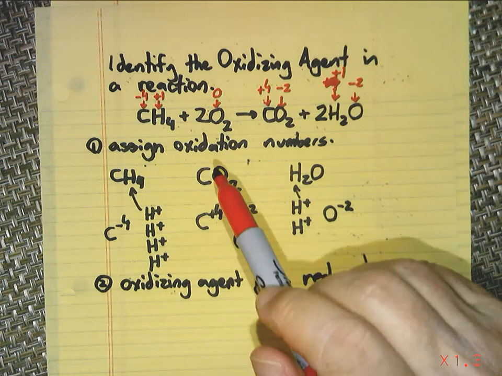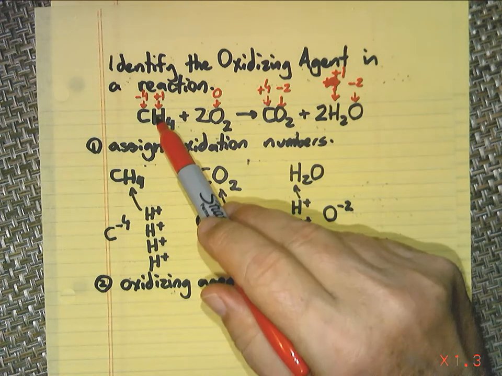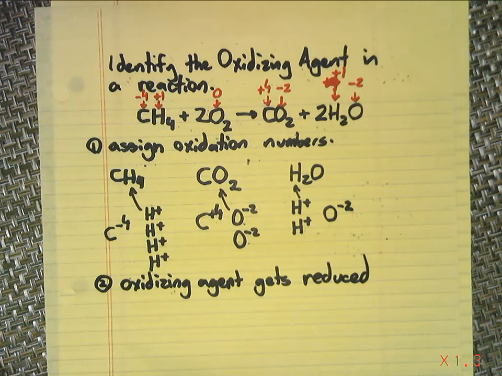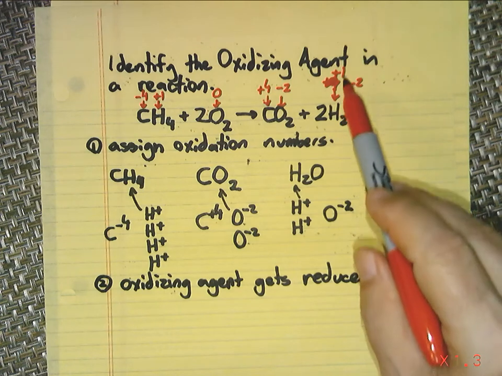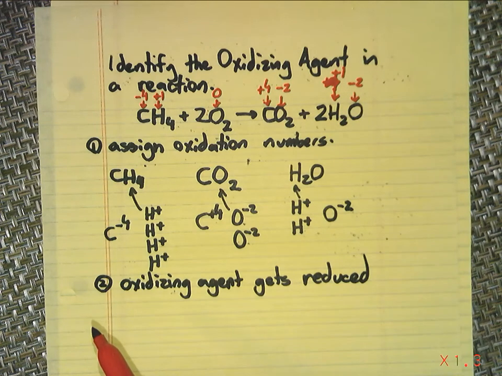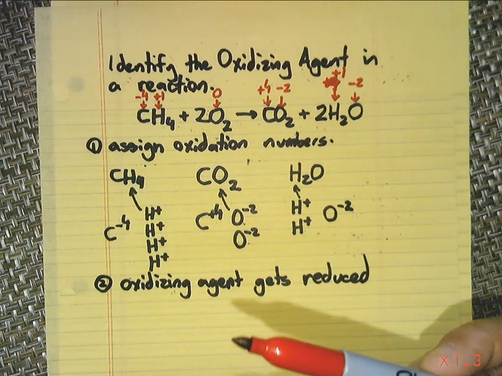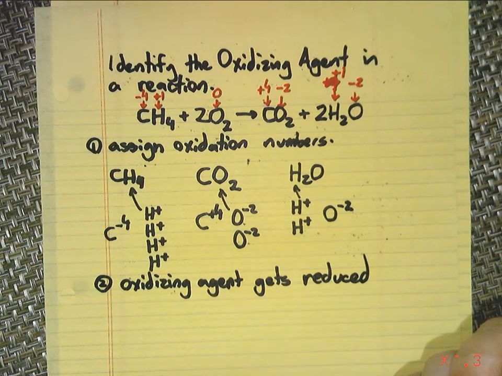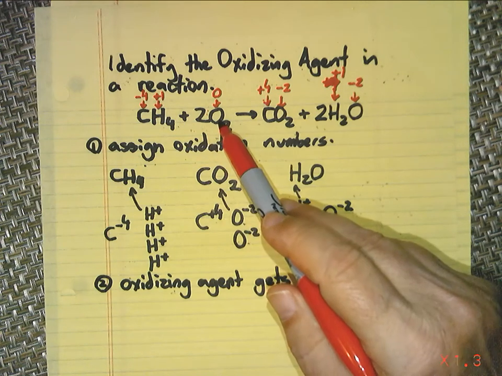To find the oxidizing agent, I'm looking for the thing that gets reduced. So let's look somewhere else. Let's look at the hydrogens. It starts off as a +1. The hydrogens on the other side all have a +1 as well. So it's not really involved in the electron transfer directly. So I'm going to go on. Let's look at the oxygen.